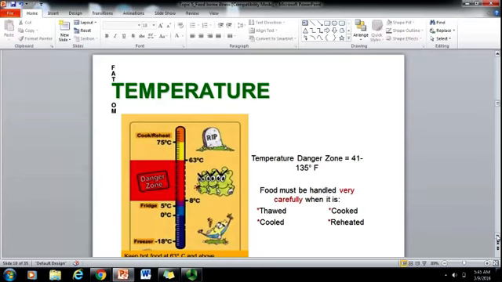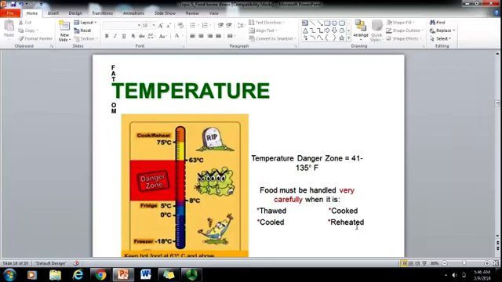If food falls within the danger zone of 4 or 5 degrees Celsius up to 60 degrees Celsius, it can become hazardous and have the potential to be contaminated. Therefore, when you prepare food, this process includes thawing, cooling, cooking, and heating or reheating the food.